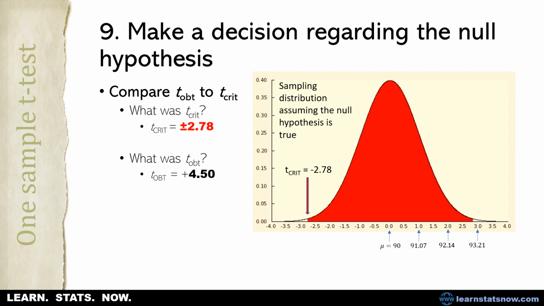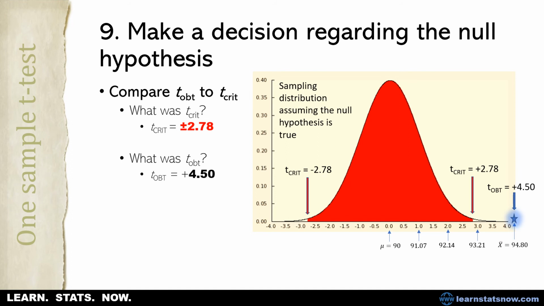Okay, now let's locate one of our critical values. We know that that was negative 2.78. We'll do it on the other side because we're doing a two-tailed test, so that's positive 2.78. And now the only thing left to do is to locate where our obtained t-value, the t-statistic we actually calculated, shows up in this distribution. Well, if I were to drop it in the distribution, it almost goes right off the graph, right? I'd put it way over here, a positive 4.50.